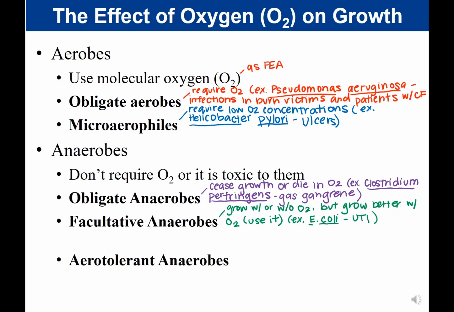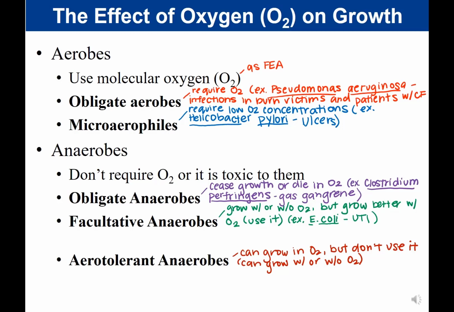And the last one is going to be our aerotolerant anaerobes. Aerotolerant means that they tolerate O2, but they don't use it. So we're going to write can grow in O2, but don't use it. They can grow with or without oxygen.